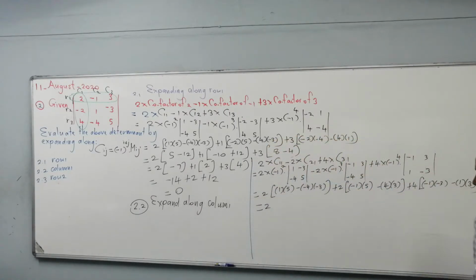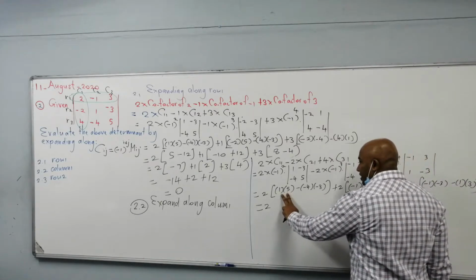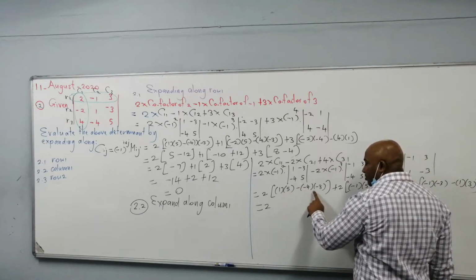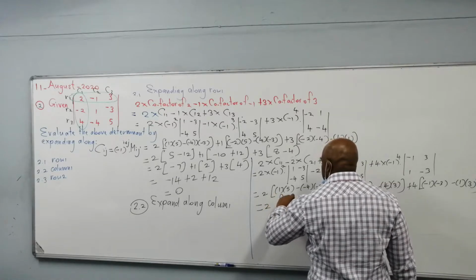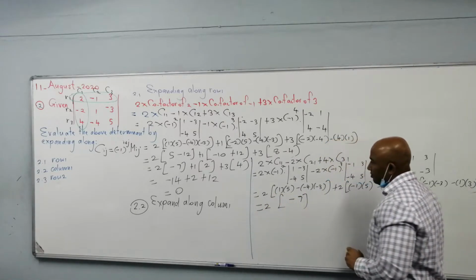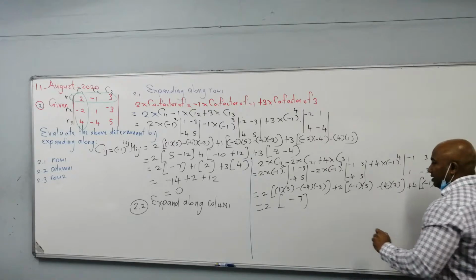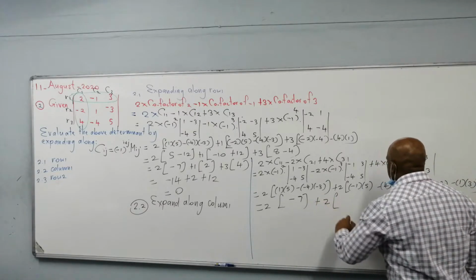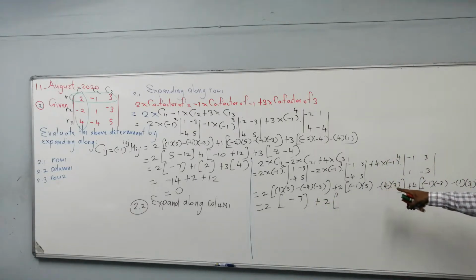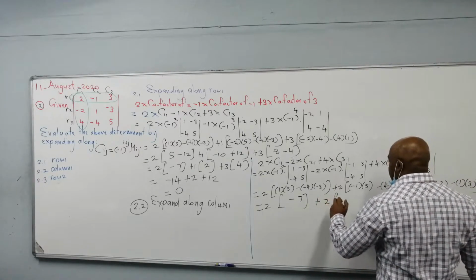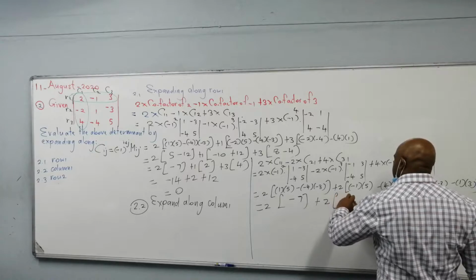Let's double check all this here now. So we get 5, and this is negative, so that's 5 minus 12, which is minus 7. Okay. Then we got a plus 2 here. This is a minus 5 minus 12, which is minus 17.